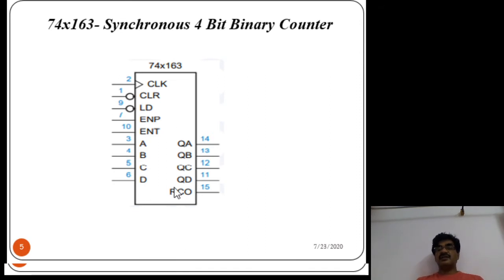The various inputs are clock input, active low clear, active low load, ENT and ENP enable signals, and A, B, C, D active high inputs. QA, QB, QC, QD are active high outputs, and one more output is RCO. It is called ripple carry output. This is the pin diagram for 74163.